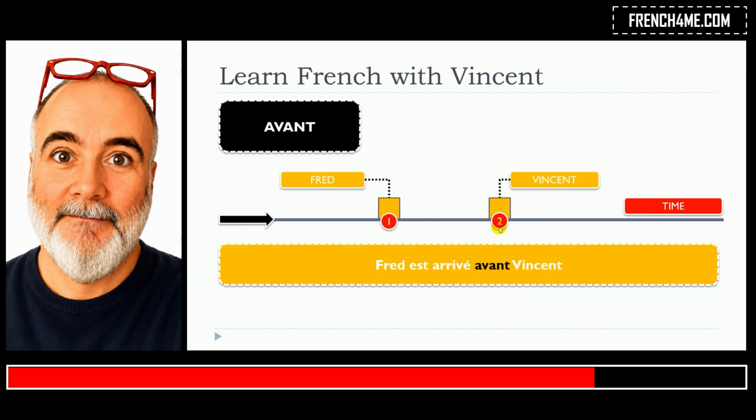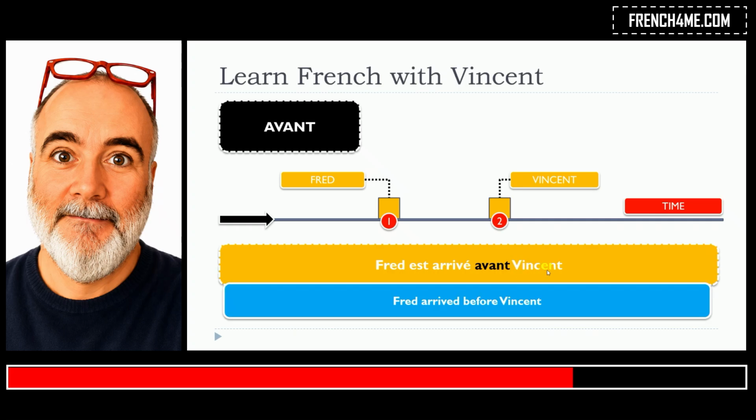So let's take the sentence now. Fred est arrivé avant Vincent. So as you can see, Fred arrives first, Vincent arrives second. So in that case, you can say Fred est arrivé avant Vincent.